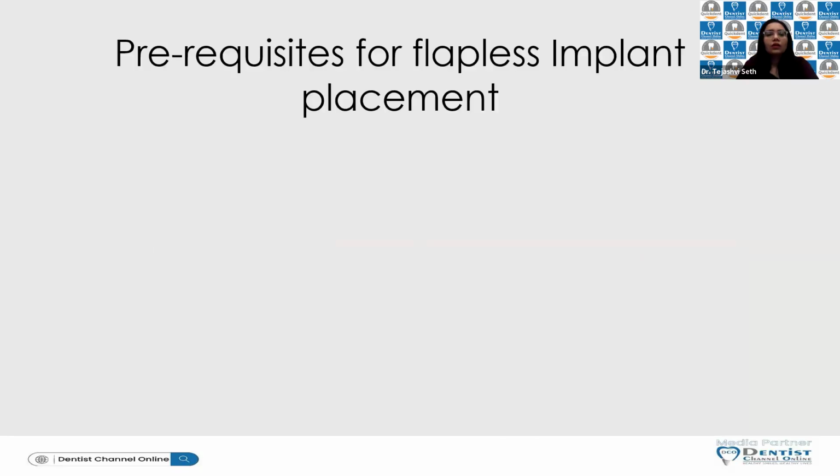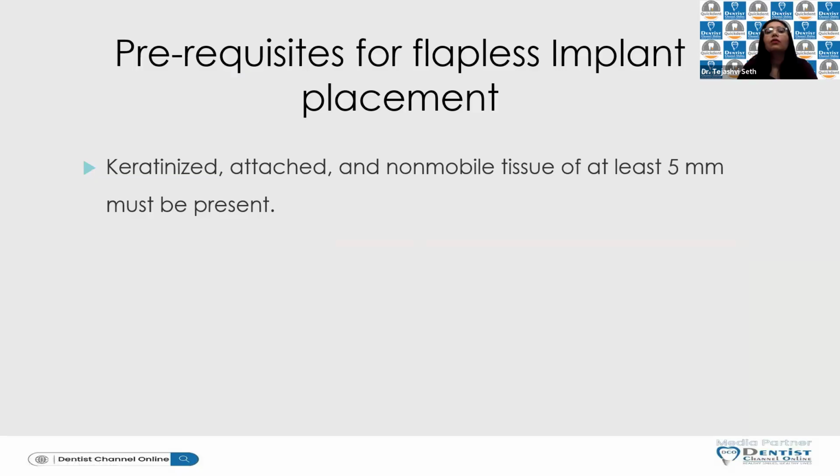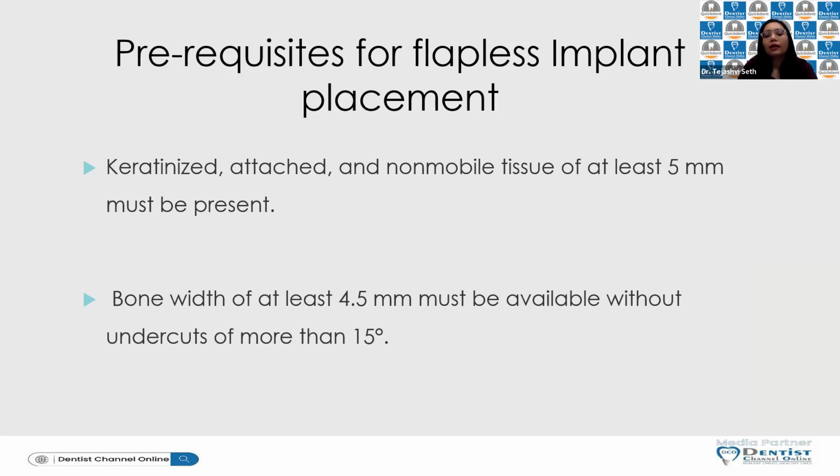Okay. So, basically the prerequisite for any kind of flapless implant placement comes down to how much keratinized tissue you have and how much bone you have. If there is an adequate amount of bone, at least 4.5 mm, so that you can place a smaller diameter implant without any undercuts, and if you have approximately 5 mm of keratinized tissue, you could definitely go for flapless placement.